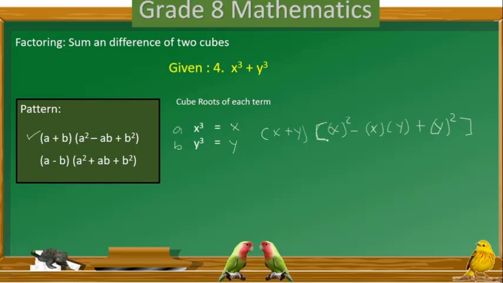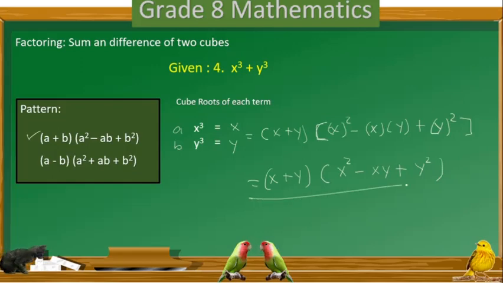So copy the first quantity, then x squared, then the product x and y, xy, plus y squared. Okay, this is the answer.